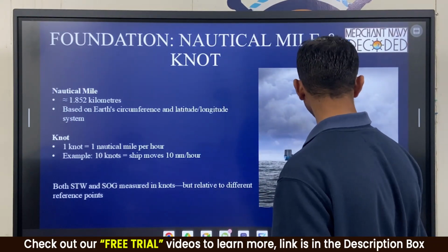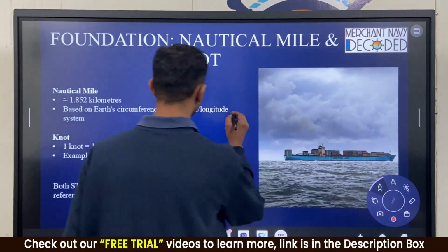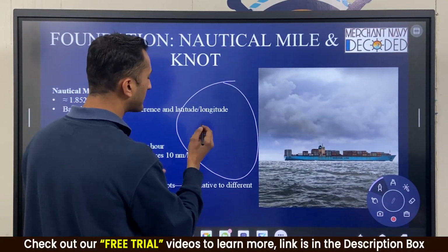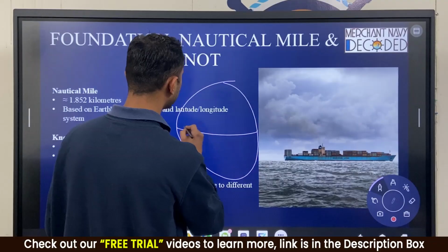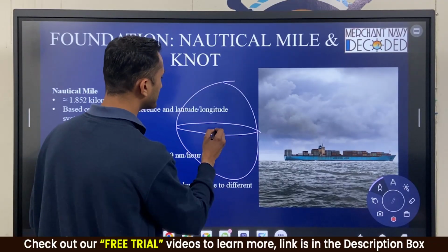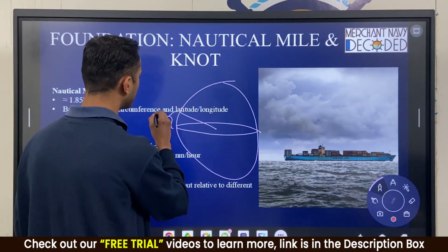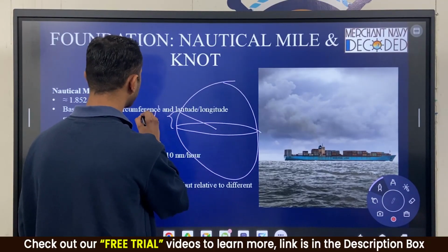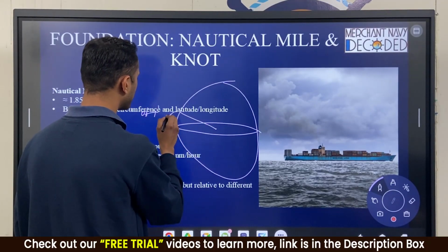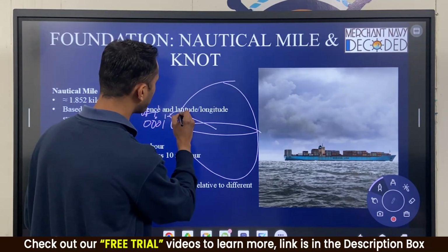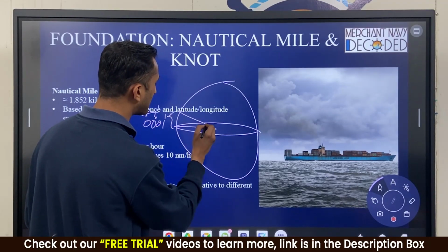If I have to tell you, considering this as a big globe, okay, now I know my diagram is not right. This is the earth, okay, from the center. If I draw 1 minute, this is 1 minute, okay, it's 0 degree, 1 minute. So if this is 1 minute, the angle is 1 minute.